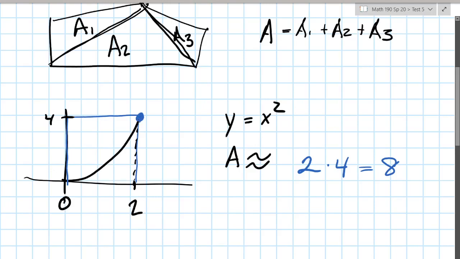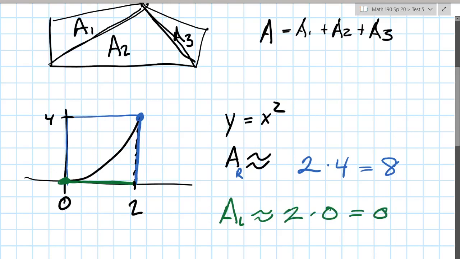We decided to pick the right-hand side of this interval. So I'm going to put a subscript r here. If I had decided to use the left-hand side of the rectangle over here and made a rectangle like that, now the base is 2 and the height is 0.